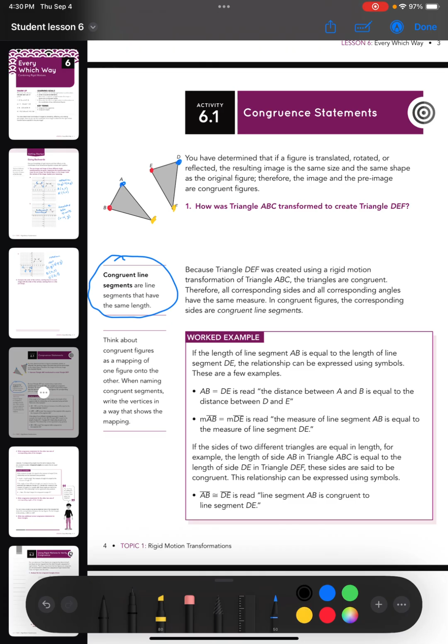So what we have here is a rotation. Now, to what degree, we don't know just because we're not looking at a coordinate grid, but we do know for a fact that it has been rotated because the orientation has changed, moving it counterclockwise to the left.